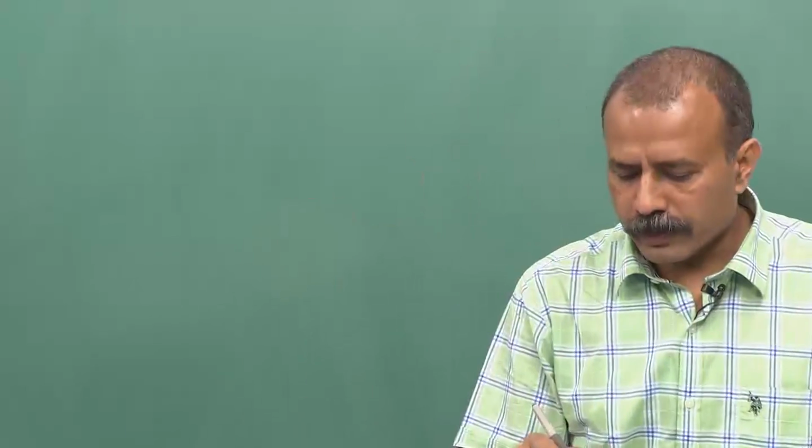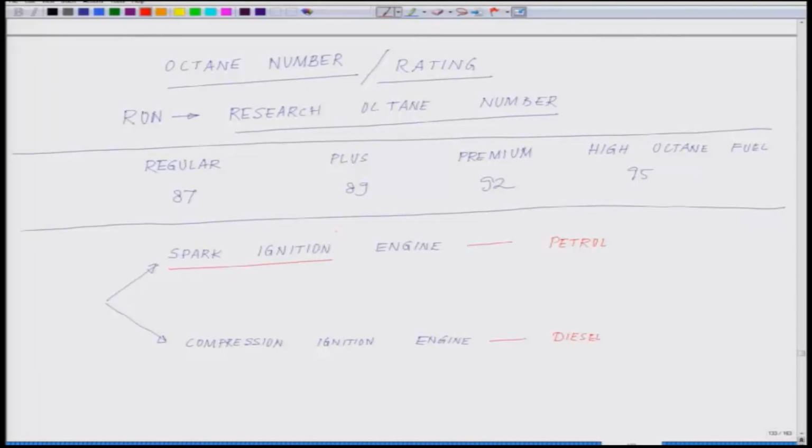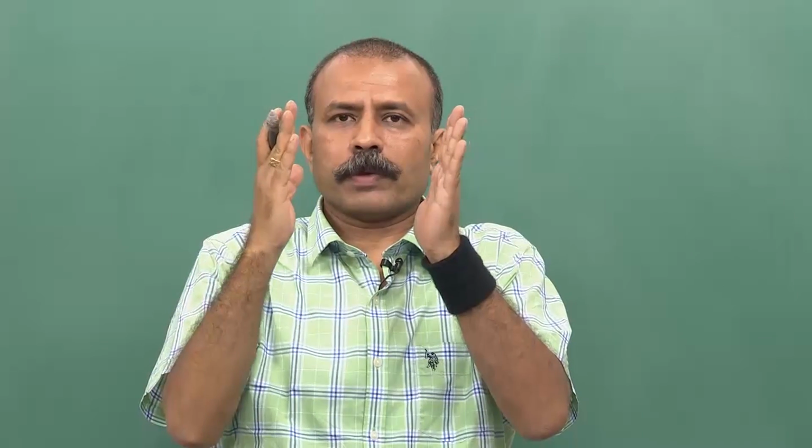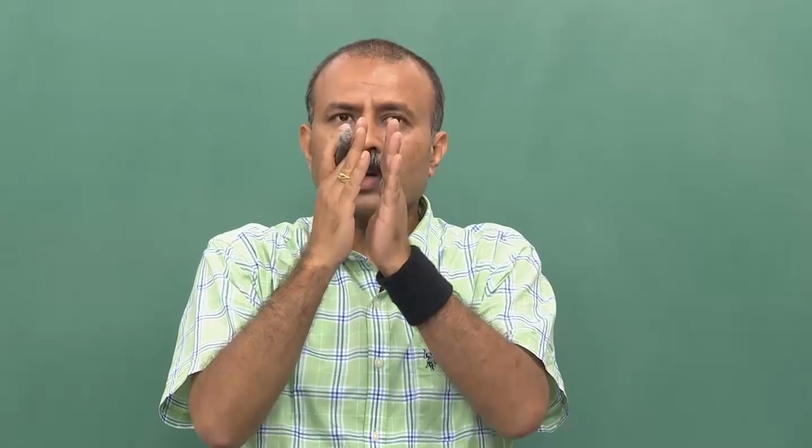But there is another word here. This one is talking about spark. The other word is compression ignition. In compression ignition, it is as if you are compressing something. If you compress it, it ignites.